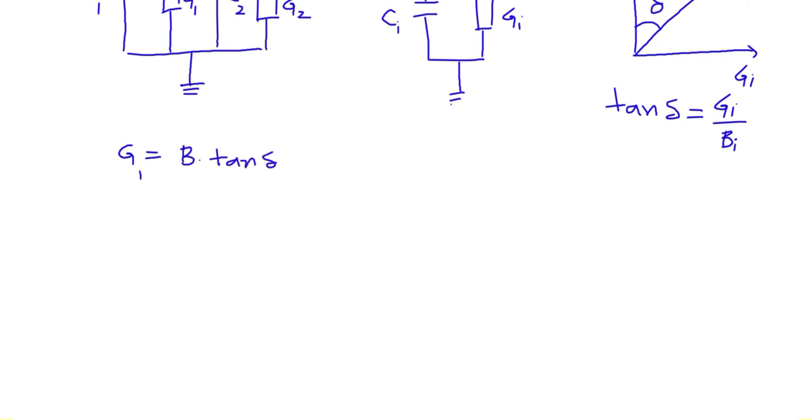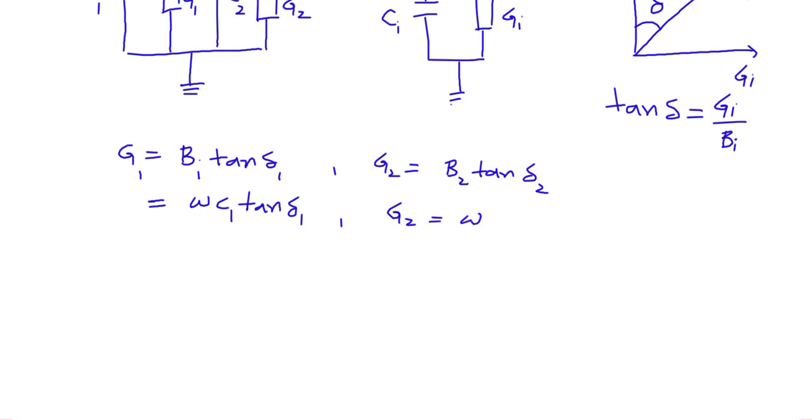So G1 for insulator 1 will be equal to B1 tangent delta 1. Similarly, G2 will be equal to B2 tangent delta 2. Okay, and further B is equal to omega C. So G1 will be omega C1 tangent delta 1, and G2 will be equal to omega C2 tangent delta 2.